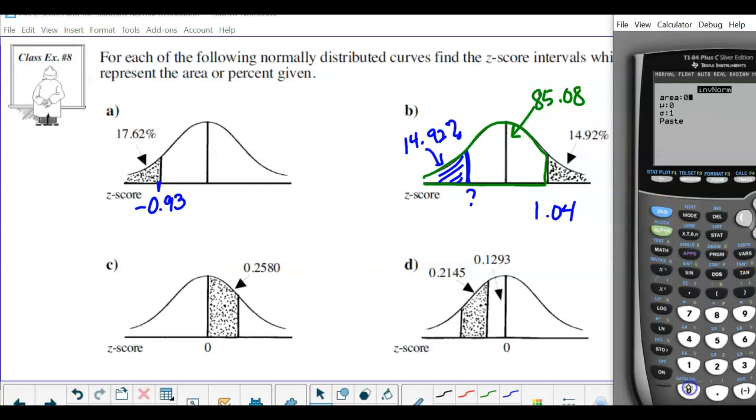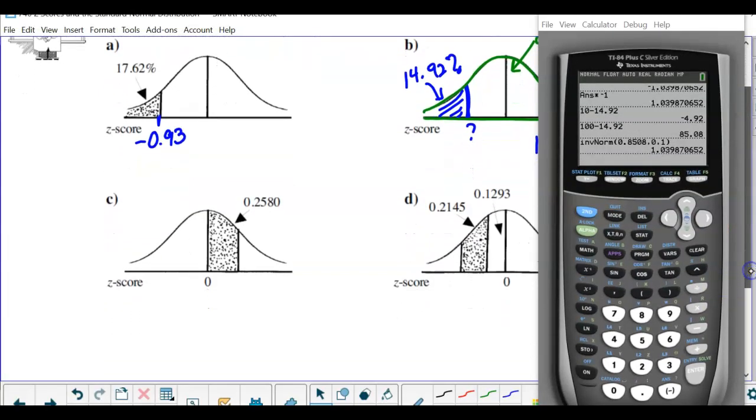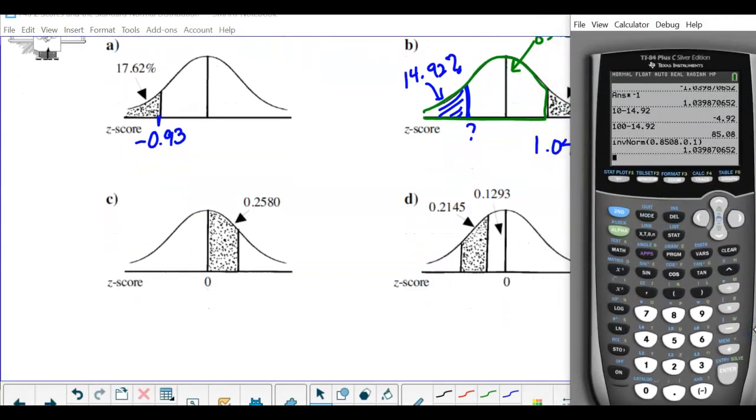So 0.8508, and it would be positive right away. This way is a little bit faster, right? You realize that it's symmetrical on both sides. Are you guys good with the tail? Those of you that have the newer one? Kind of pretty obvious, right?